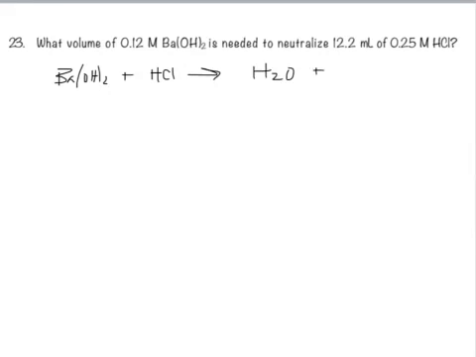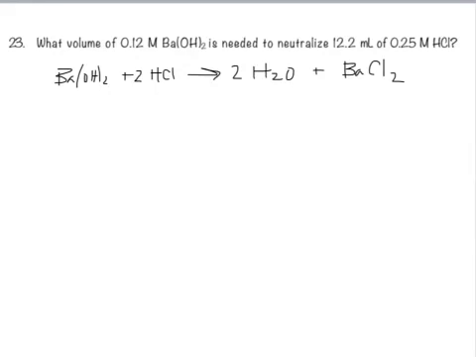We have barium and chloride left, and because barium is 2+ and chloride is 1-, the formula is BaCl2. When I go to balance this, you're going to notice that I need 2 chlorines on the reactant side, so if I put a 2 here, that fixes the chlorines. Now the hydrogen and oxygen are messed up, but if I put a 2 in front of the water, that should fix it. So now I have 4 hydrogens on both sides and 2 oxygens. So there's our balanced formula equation.